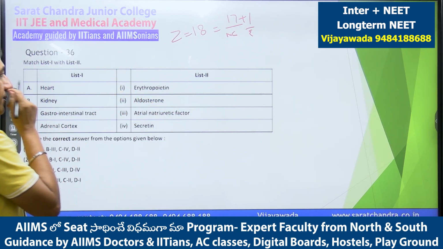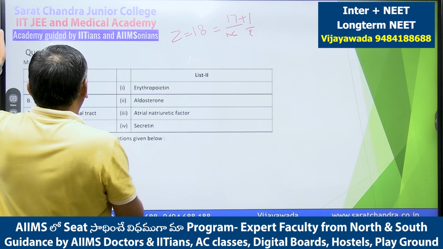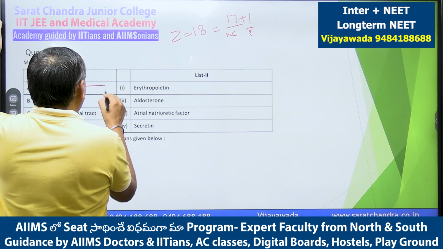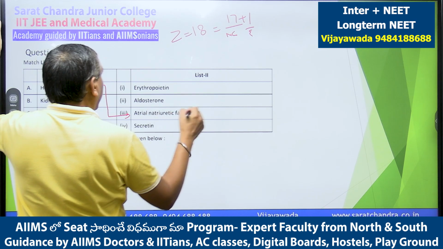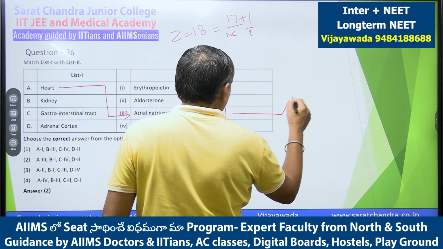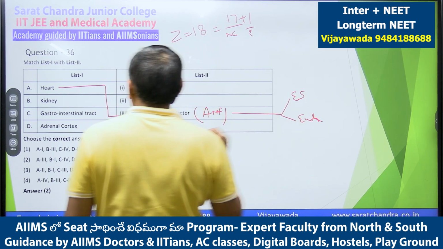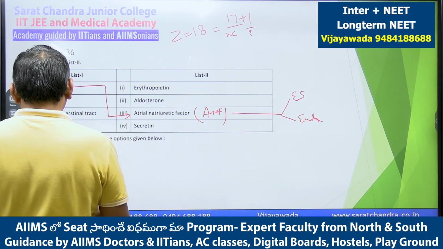Again, this is given in the endocrine system at the last, hormones of other organs. The heart secretes one hormone known as ANF. Given at two places in NCERT, one in the excretory system, one in the endocrine system. So A is a 3.